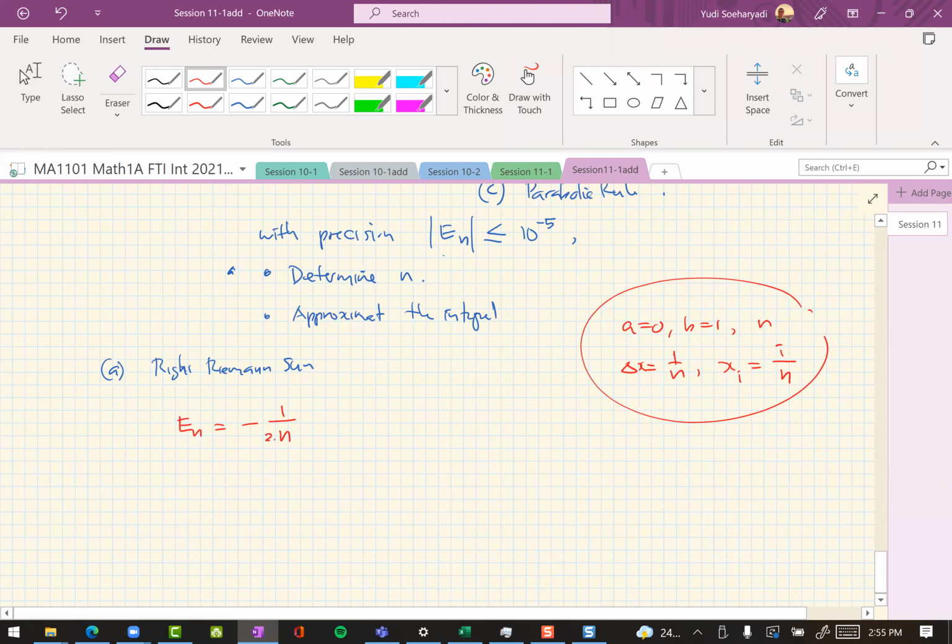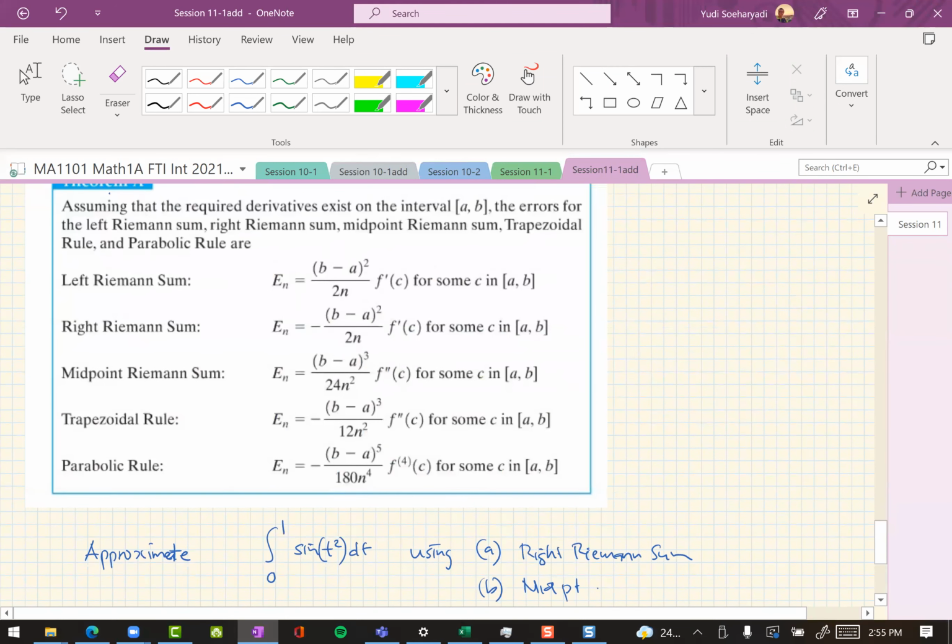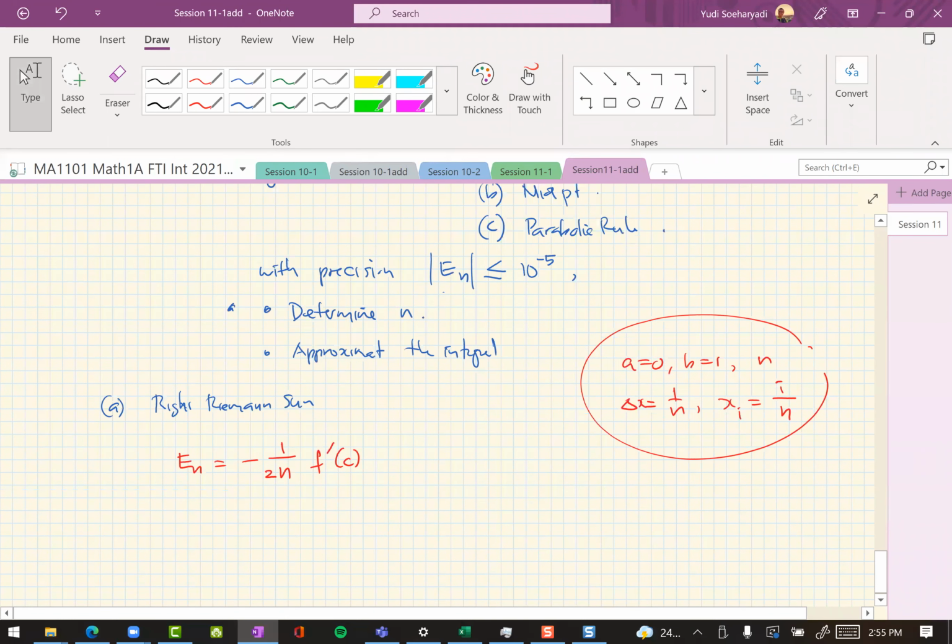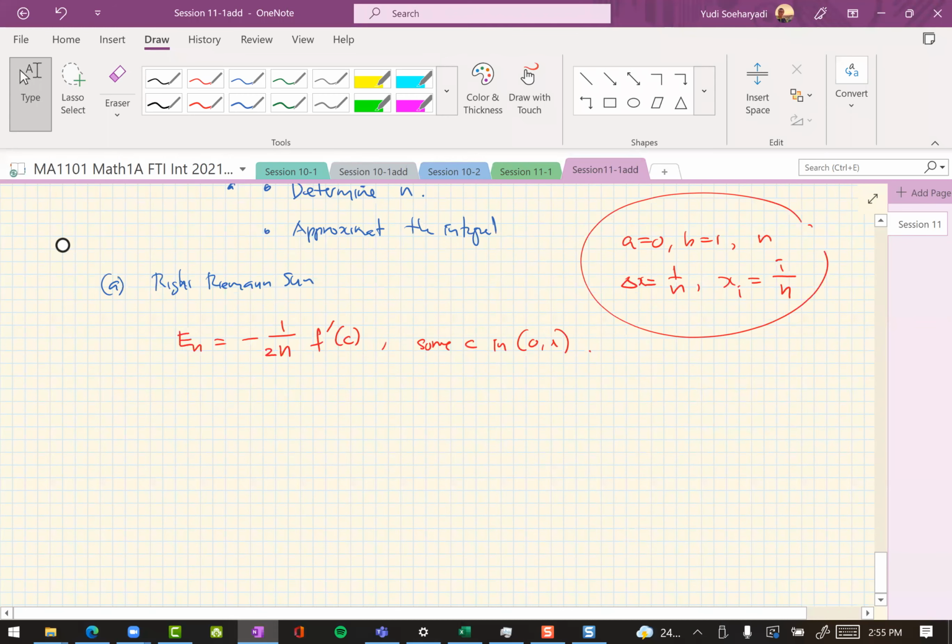Even I cannot memorize the formula, I have to look at the table, so don't worry about this. That c is the thing we don't know, so let's do some estimations.